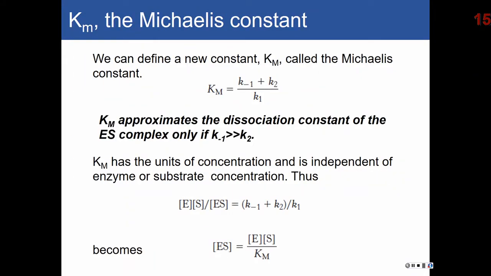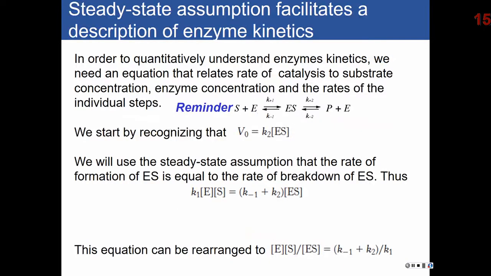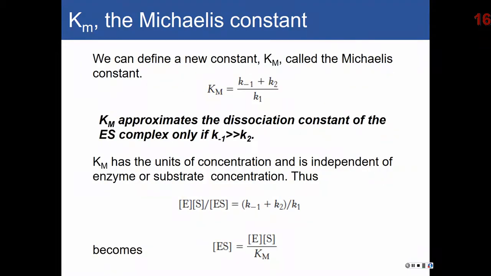And essentially, that's what Km is. That's the Michaelis-Menten constant. So the Michaelis-Menten constant is the rate at which the transition state goes backward and produces more substrate and enzyme, plus the rate at which it goes forward and produces product and enzyme, divided by the rate at which the transition state is produced from the substrate and enzyme. That's the Michaelis constant.